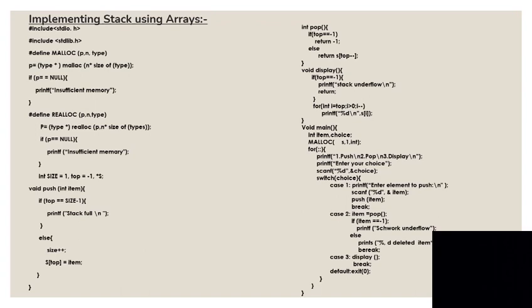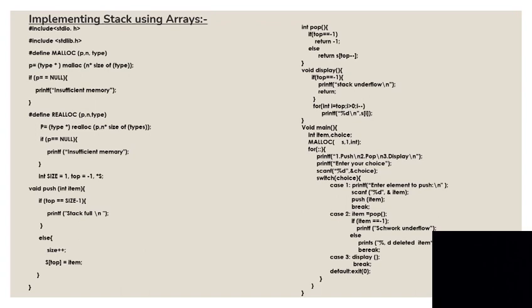Next, we go into case 3. In case 3, we are displaying the stack values. This display method goes to the void display function. In the void display function, we are checking whether the stack is empty, that means underflow.